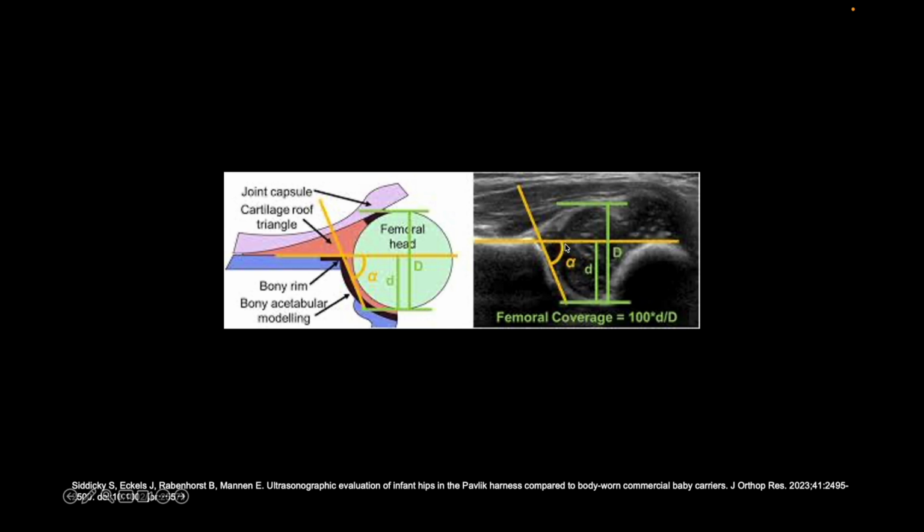If it's shallower, you can imagine that the femoral head is slipping out a little bit more, and that would put them at risk of instability and acetabular dysplasia. You also have something called your beta angle, which is the angle made here, and that should be less than 77. Again, you can see that this is the bony acetabulum, this is your cartilaginous acetabulum, and your labrum here.